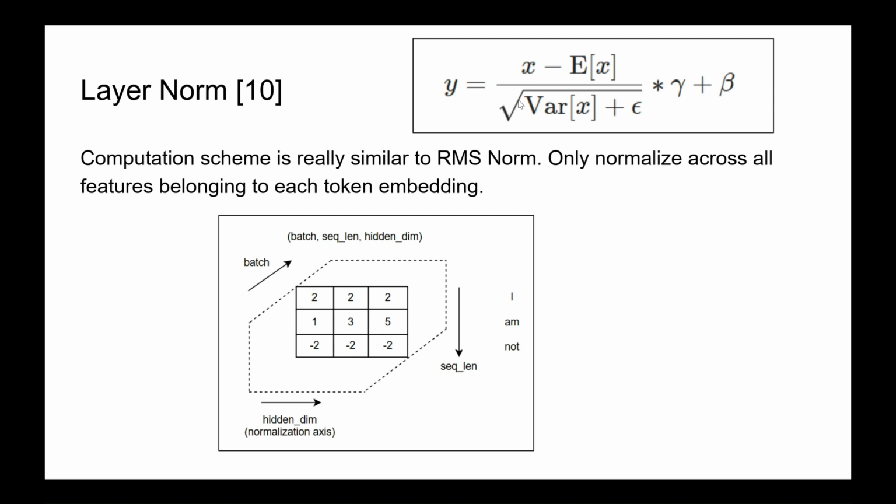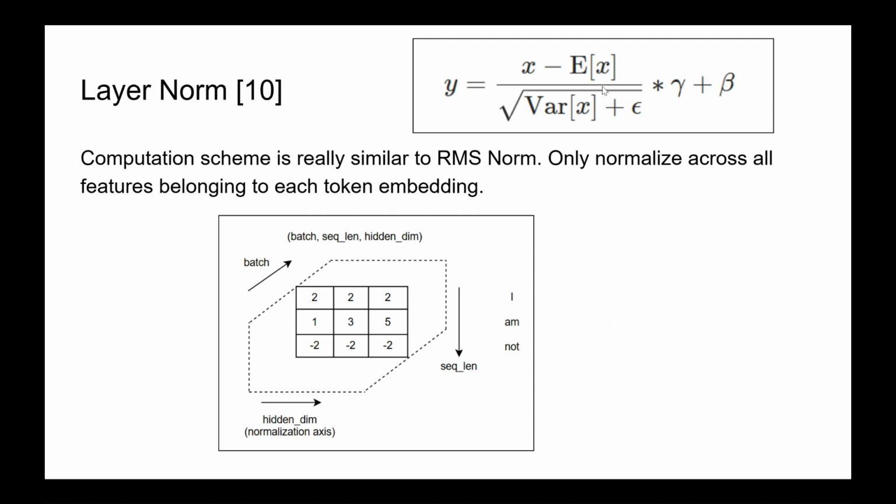This time, the E[X] is the mean, or the average value, or the expectation value, basically just the average of the row. The variance here is the squared value of the standard deviation, which counts how much variance there is between each of these elements. So this is about the spread of the range of the values in the embedding vector.